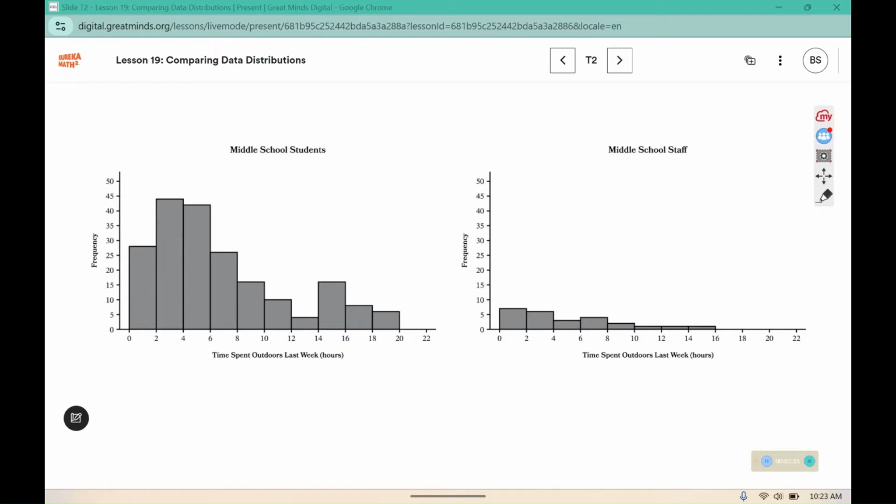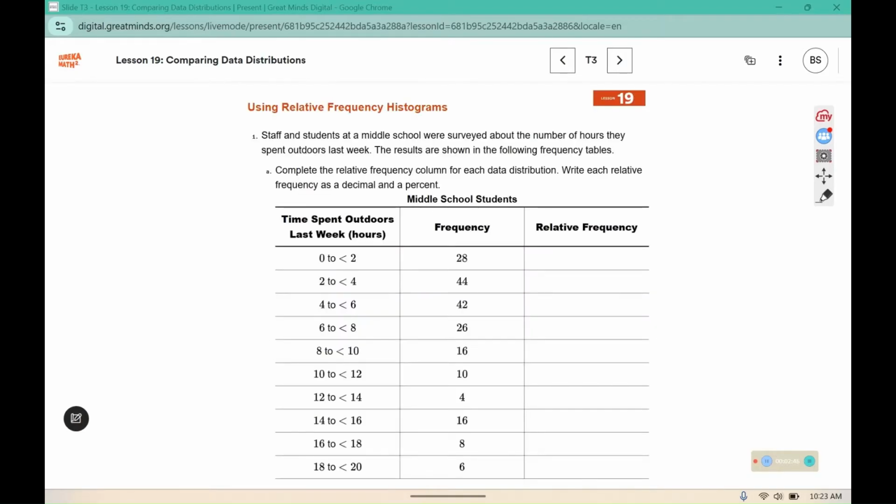But if we were to compare maybe their medians or their averages, we might be able to look at which one spent more time without being impacted by how many students there were. So today we're going to use a different type of data distribution. Instead of just a histogram, we're going to use a relative frequency histogram to help us compare percentages of students and staff.